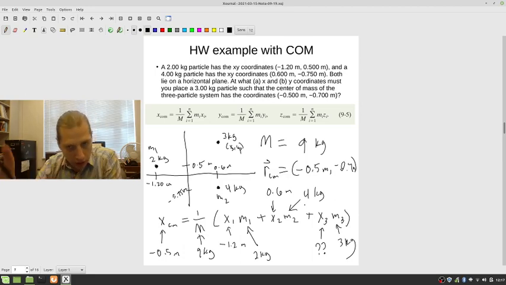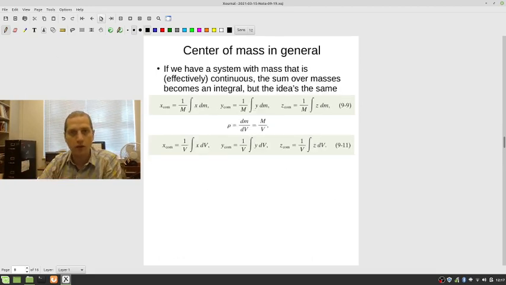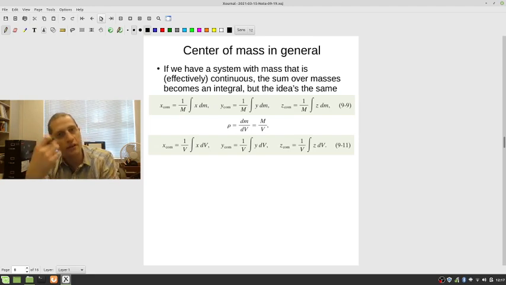So all of this center of mass stuff so far has just been notation and definitions. Now let's do a little bit with it. Okay, and I should just make the point, if we have a system that has a sort of continuous mass, you could have a funny shape, you could have an object like Play-Doh where you squish down the Play-Doh in one area and have sort of loopy, fluffy Play-Doh in another.